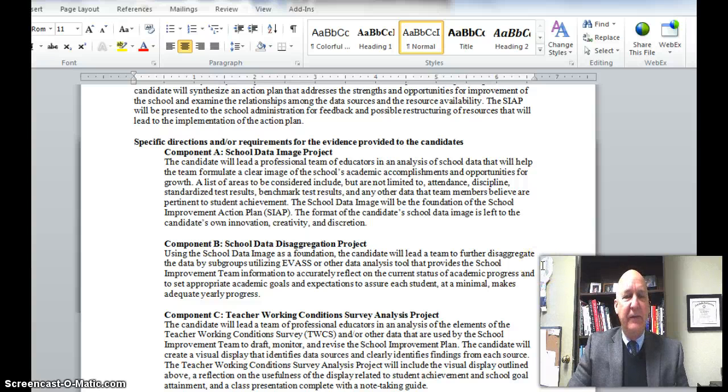So if you do not have a model for a comprehensive needs assessment, if you still need to complete this A and B before you move on, look in the Content 12 module and look at the CNA, Comprehensive Needs Assessment document that's there. It may give you a place to start.